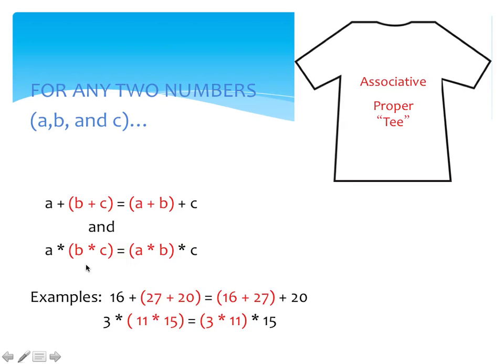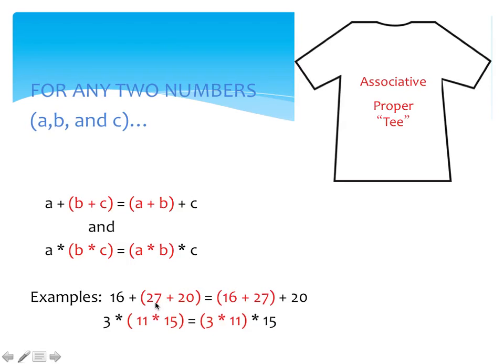In this case, if you see parentheses with multiplication, you'll say product. So I have A times the product of B times C, which is equal to, notice my parentheses have moved, my numbers have stayed in the same place, the product of A times B, times C.